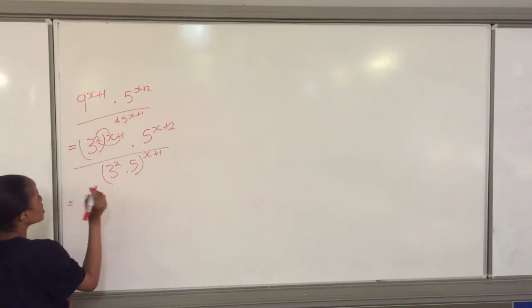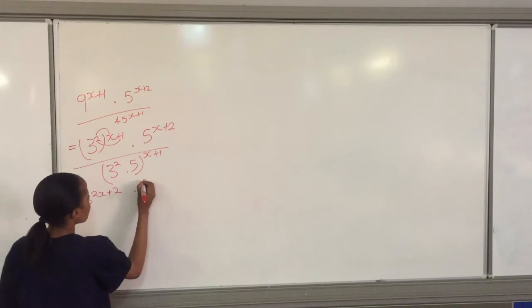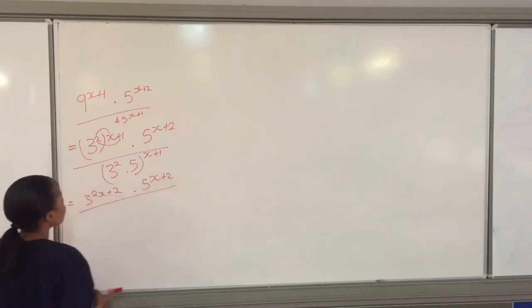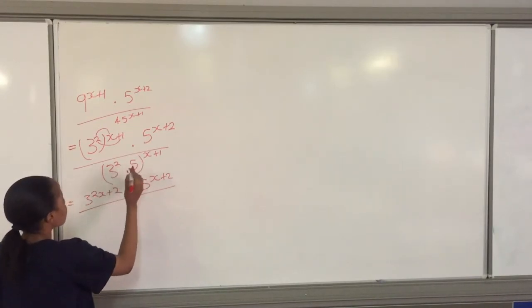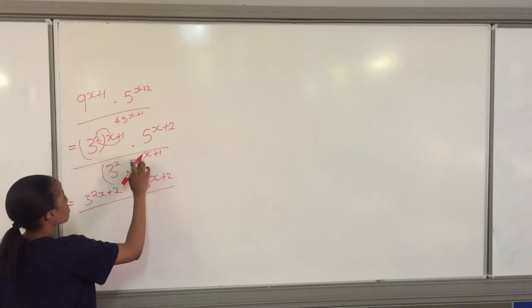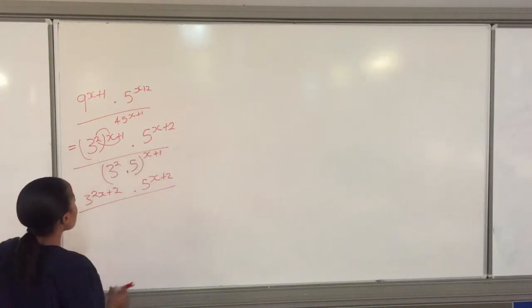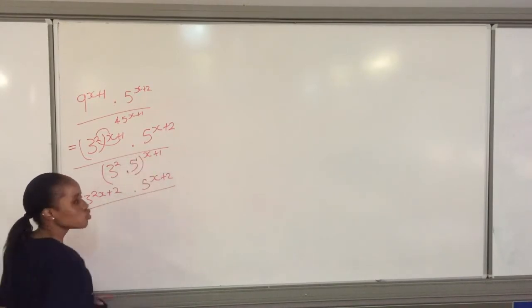So what you're going to do here is 2 multiplied by x, which is 2x, 2 multiplied by 1, which is 2, multiplied by 5 to the power x plus 2, all divided by, here we're having a multiplication, but we're going to multiply the exponents of these bases with their power. So what we have here on the exponent for 5 is 1, but they don't usually put it there.